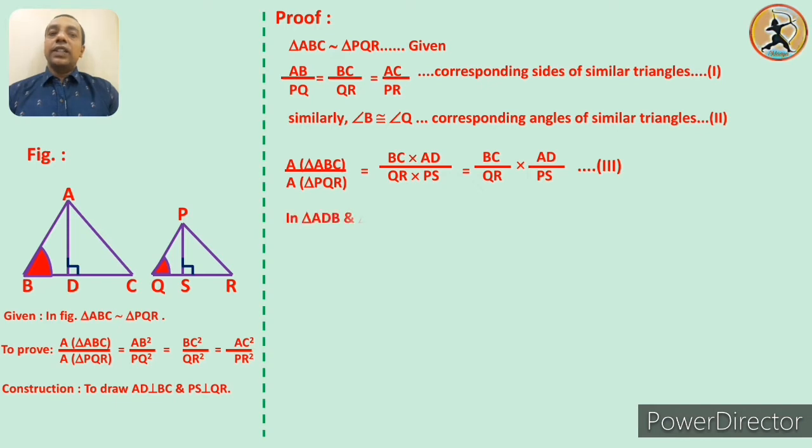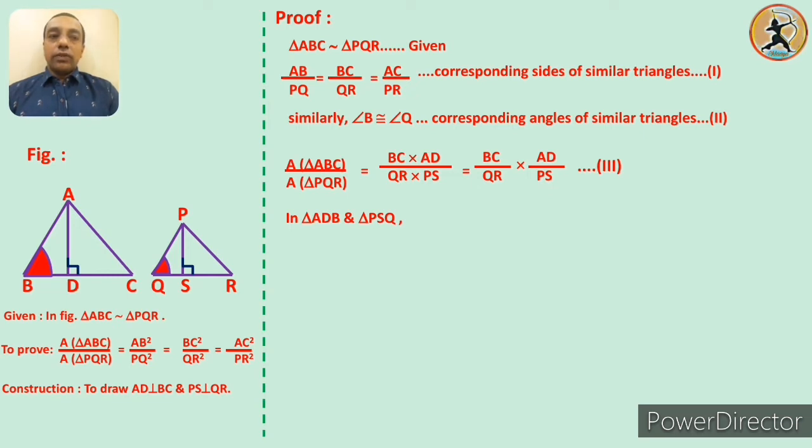So let us now consider these two triangles. If we prove that these two triangles are similar, then we can easily write down those two sides are in proportion. So to prove that these two triangles are similar, we have to show that at least two pairs of angles are congruent to each other.